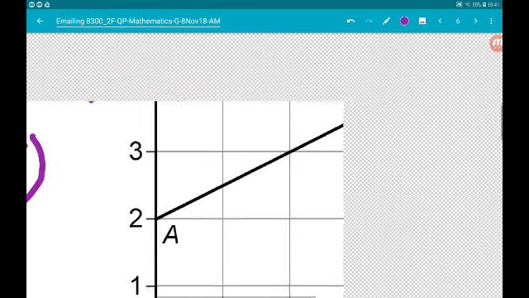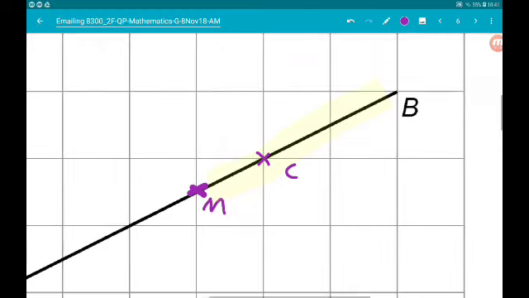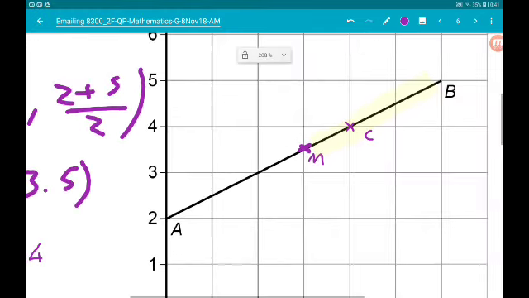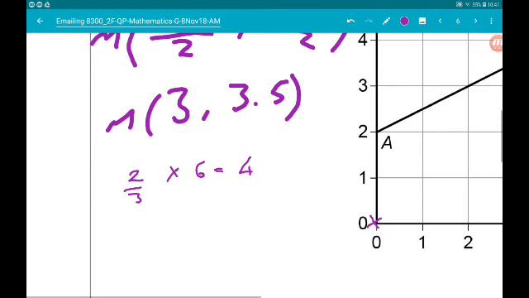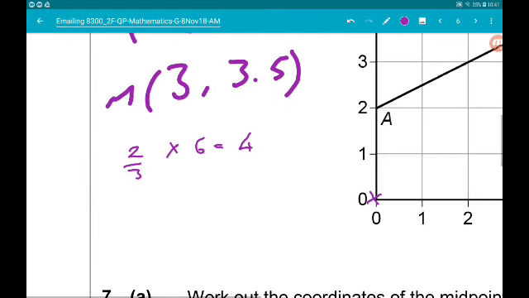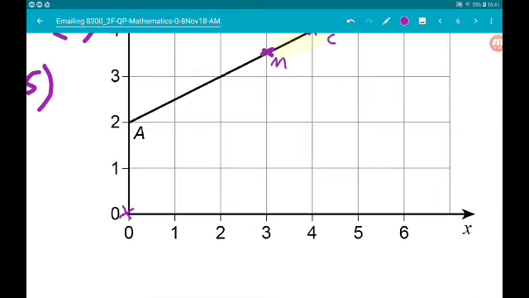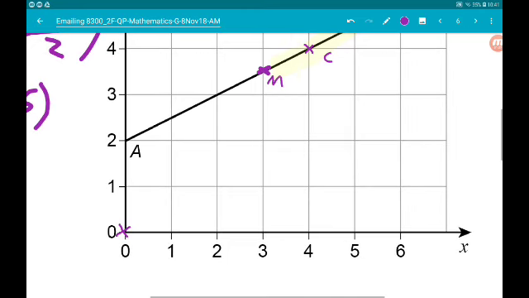Now the line AB goes up 3 squares. So this other line is going to go up 2/3 of that. So 2/3 times 3 is 2. So this line from 0, 0 is going to go across 4 and up by 2.